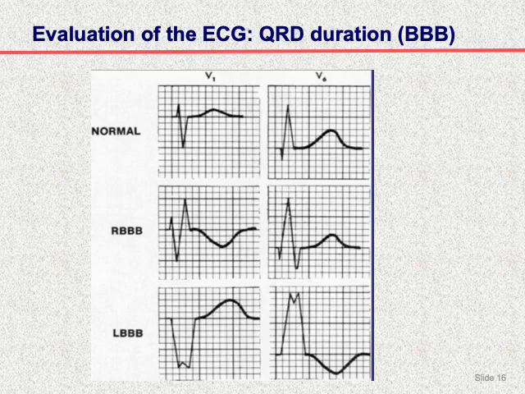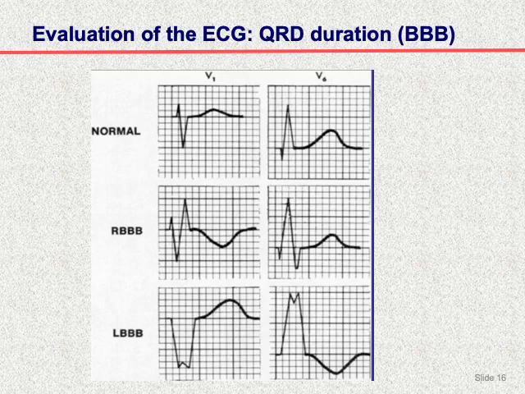But if one bundle branch is blocked, it will travel rapidly through the other bundle and slowly through the ventricular myocardium at the site of the obstruction. So it will take a long time, which means the QRS duration will be wide.